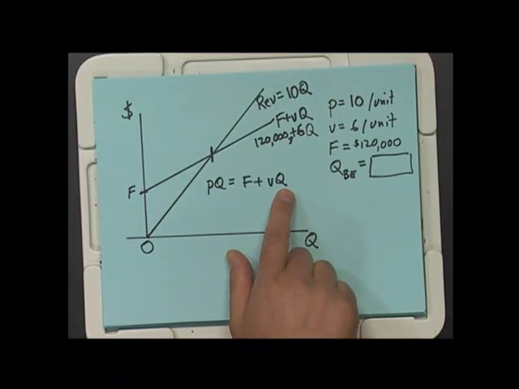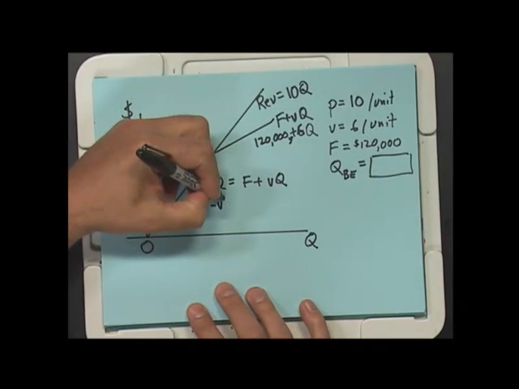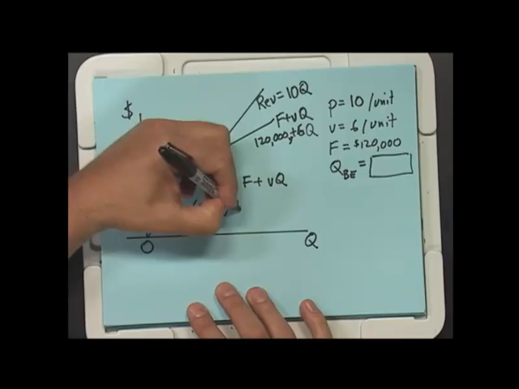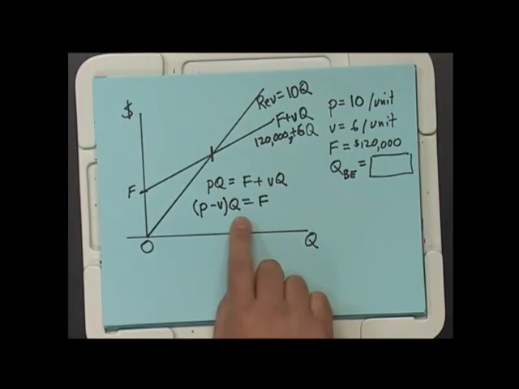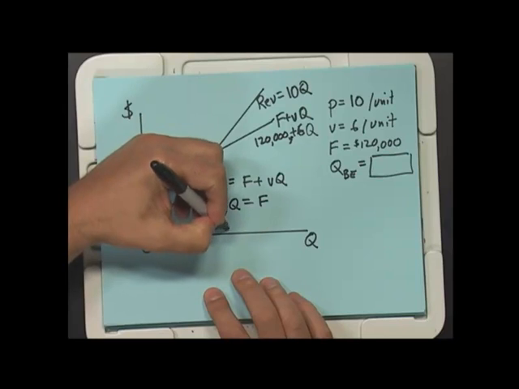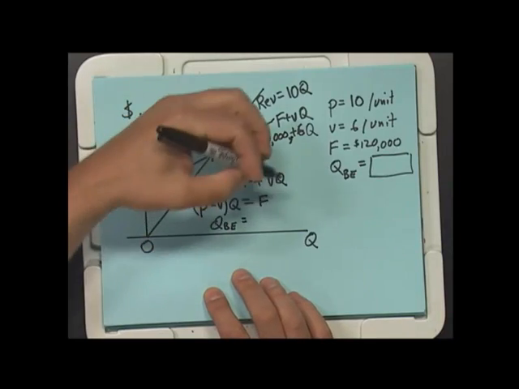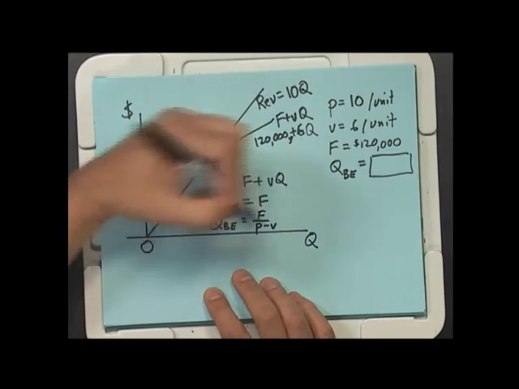I'm going to subtract VQ from each side, so we have P minus V times Q, just collecting terms, equals F. And then to solve for the Q that makes this equal, our break-even quantity is F divided by P minus V.